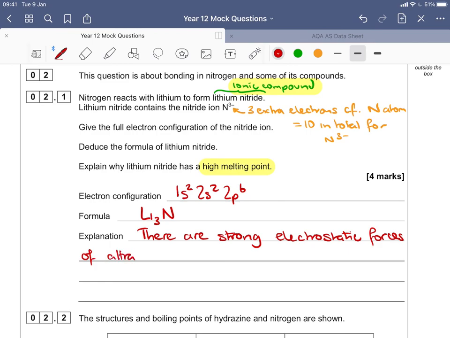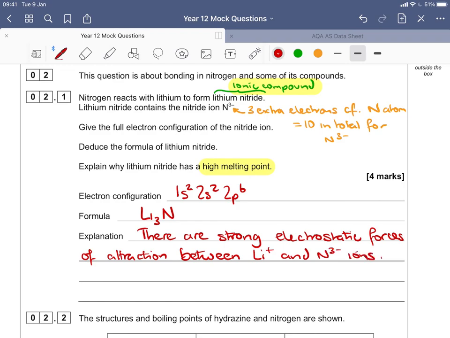And then, you know, you've got to think, well, what are they between? So obviously they're between opposite charges, but the species, if you like, that have those opposite charges can vary, and these are between, and you can say positive and negative ions, but let's just be really specific here, between the lithium plus ions and the N3- ions.